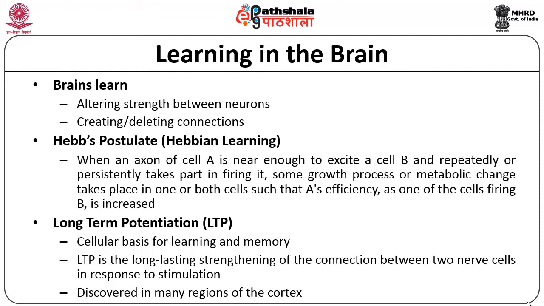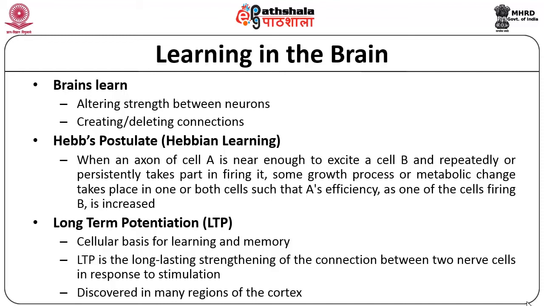Creating and deleting connections is the process by which the brain learns. Either a new synaptic link may be created or an existing old synaptic link may be deleted, and this indicates whether a brain learns or not.